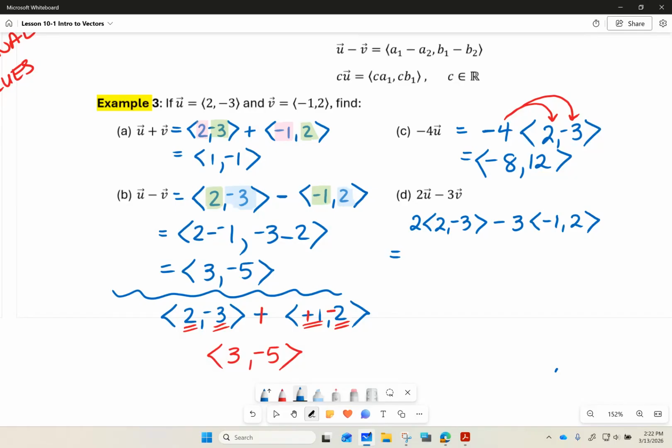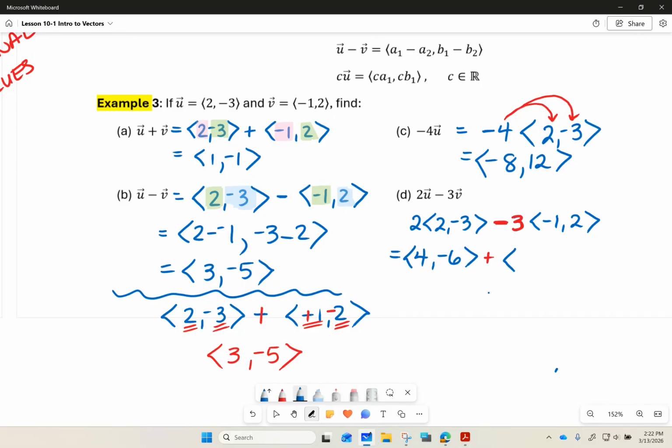All right, let's distribute. 2 times 2 is 4. 2 times negative 3 is negative 6. Let's put those parentheses back. Now I'm going to choose to multiply by negative 3. Okay, so I'm going to use that negative. And so because I'm choosing to multiply by negative 3, I'm going to have to put a plus here. Okay, because I used the negative.